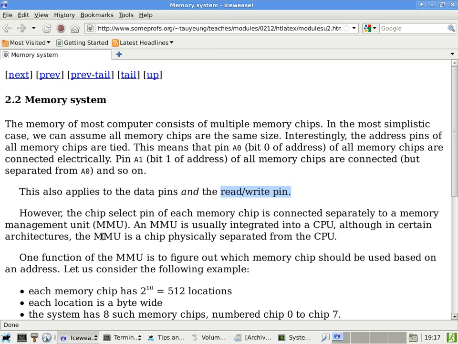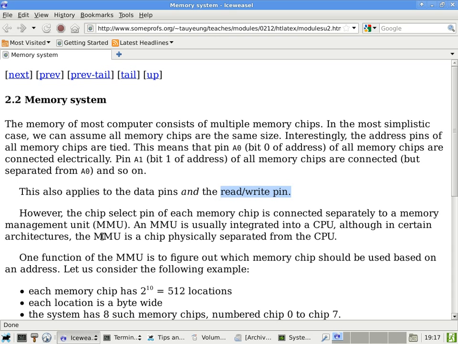Once we do this, that makes it kind of easy, because we can just say that chip 0 will provide logical location 0 to location 511. Chip 1, which is the second chip, will give me location 512 to location 1023.